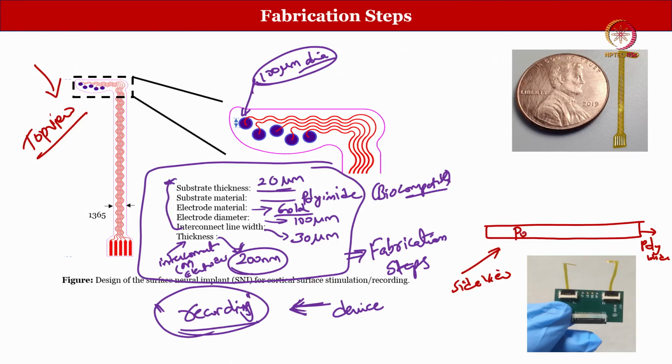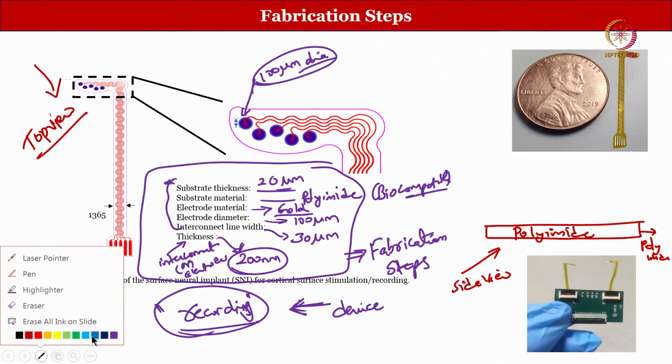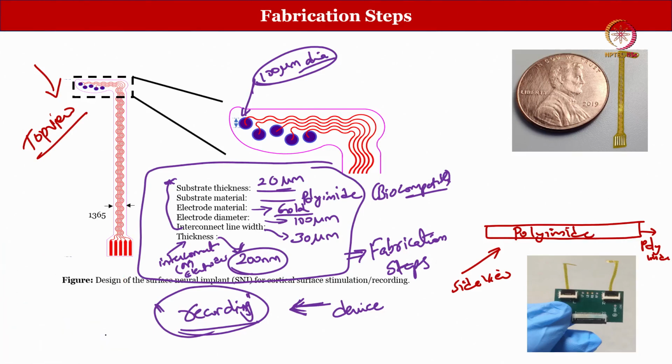Now, what is this material? This is polyimide. Then on top of this you need to have gold. But one more thing is, you cannot have gold directly, because gold does not have good adhesion to polyimide.